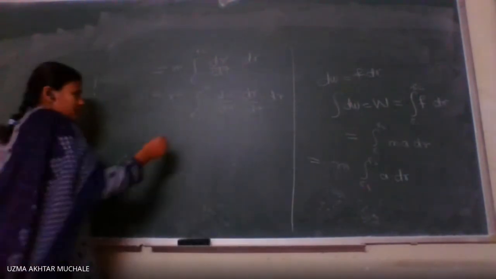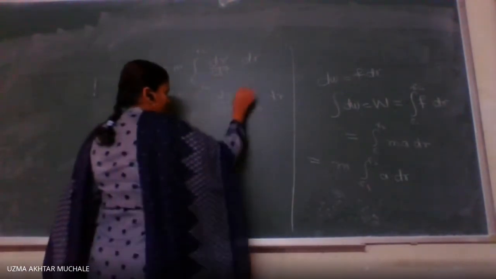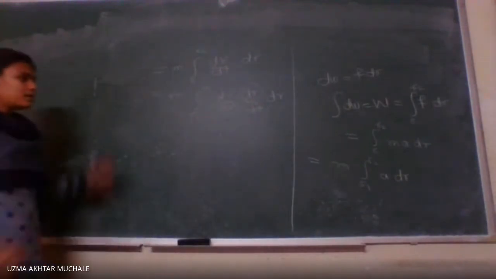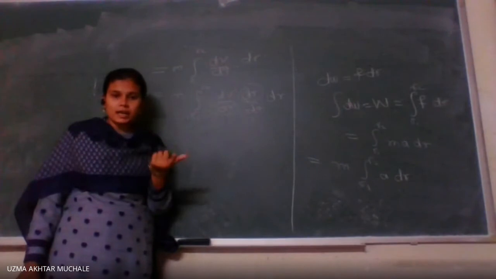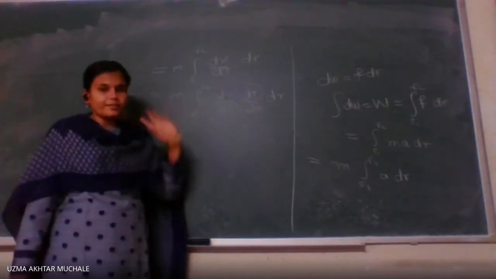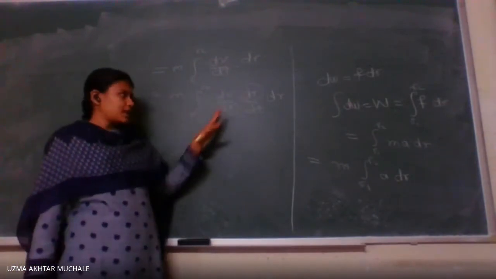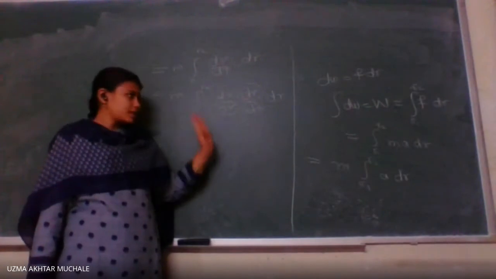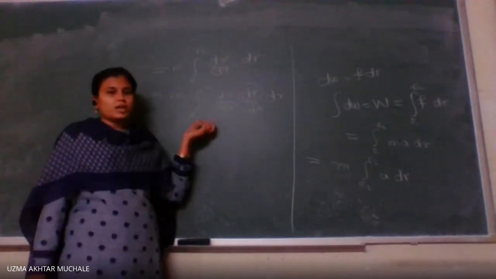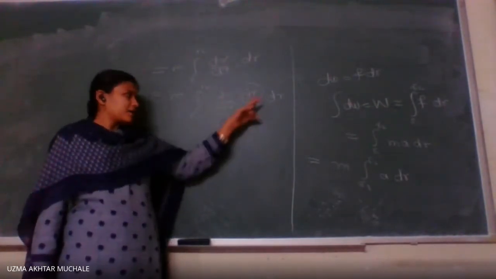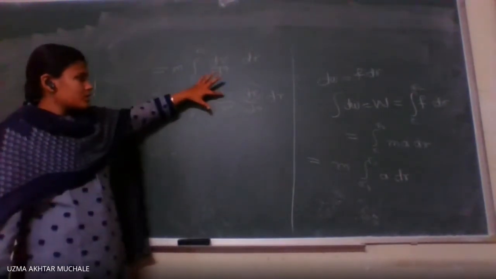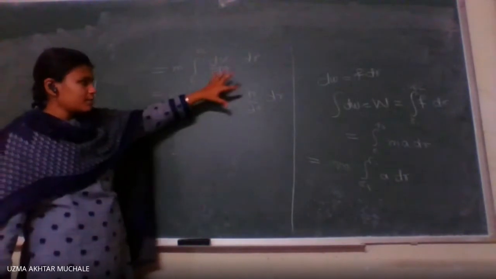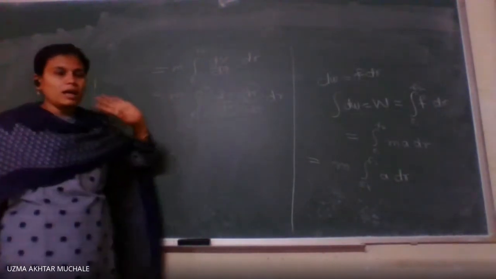We have just adjusted dr. Actually, it is not a multiply and divide, it is a small adjustment we have done. Don't think that dr gets cancelled. It is nothing but our chain rule. v is a function of r, and r is a function of t. Why have we written it like this? Because velocity depends on the position vector, which depends upon the time.